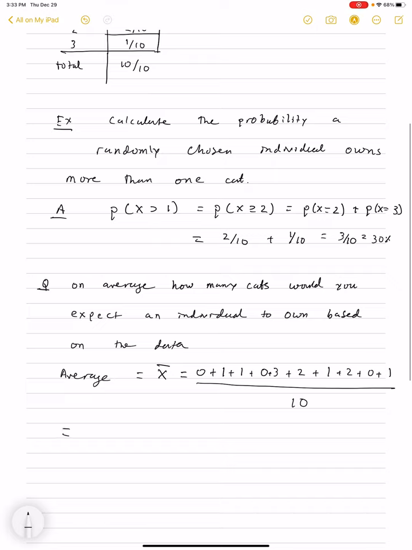One way of writing this is, hey, I can group all the zeros. There's 3 of them. So that will be 0 times 3/10, because there's 3 zeros. Then I have the ones. How many ones do I have? I think there's 4 ones.